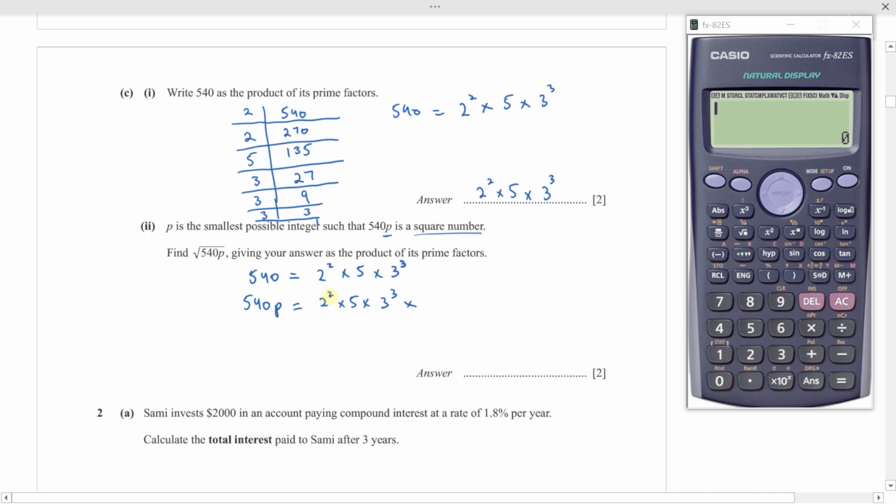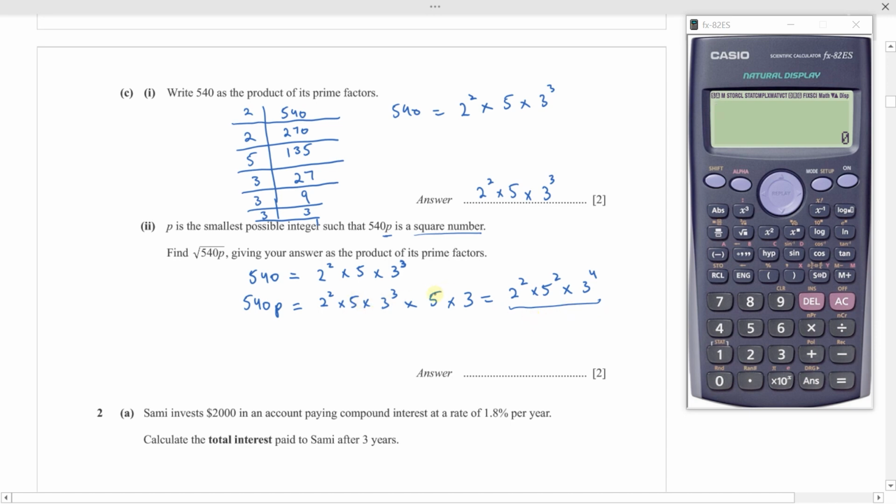That means the powers of all the prime factors should be even. So 2 square, the power of 2, is already even. 5 has a power of 1, so I will multiply it by 5 to get 5 square. 3 has a power of 3, so to make this power even, I will multiply it by 3 power 1. So 540 times P will become 2 square multiplied by 5 square multiplied by 3 power 4. Now every power is an even number, so that means this is a square number.